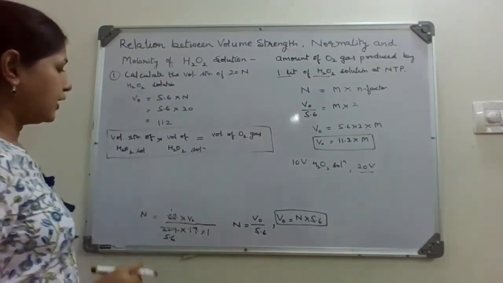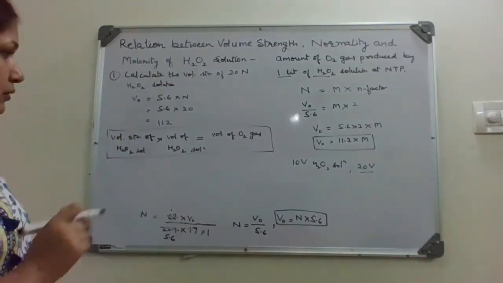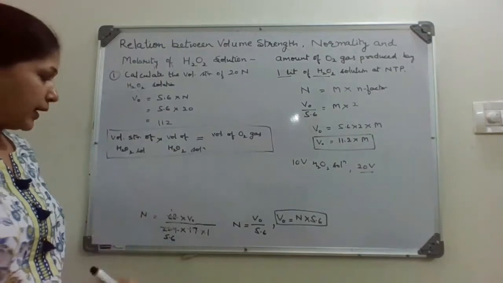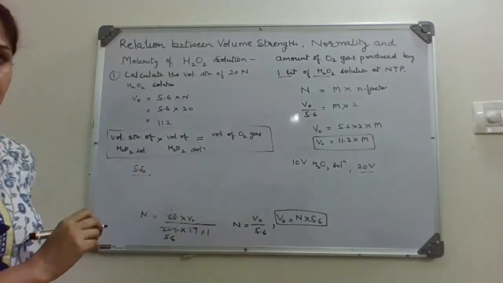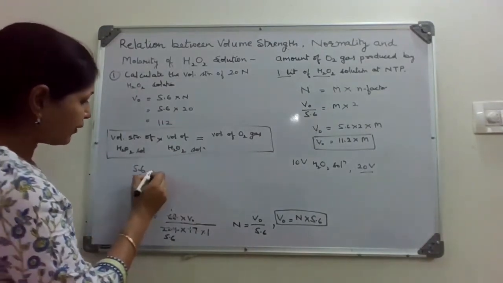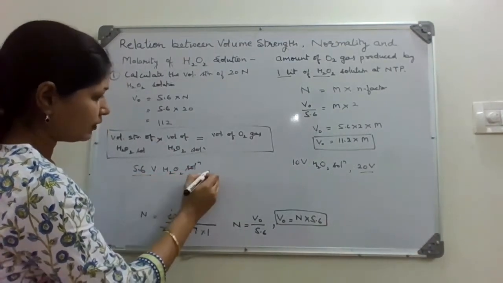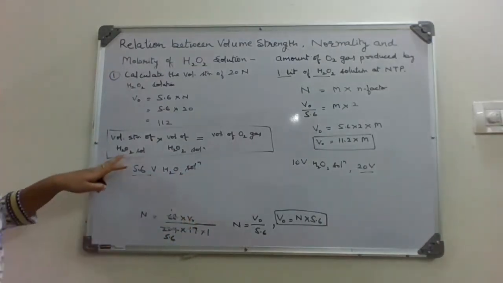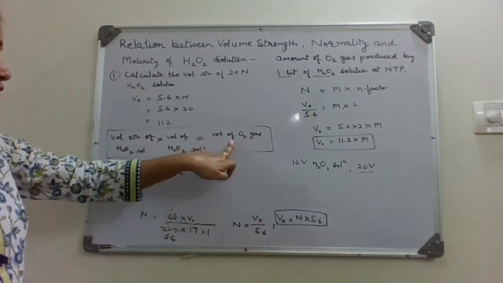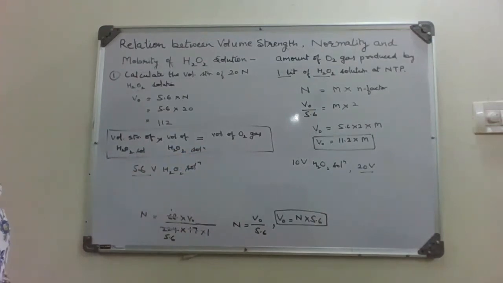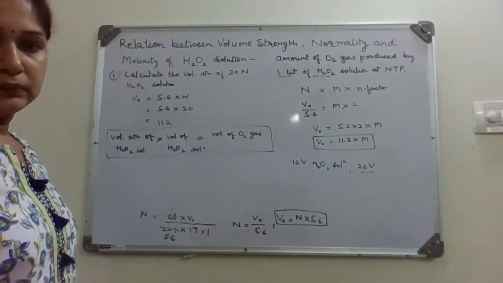For example, if there is a numerical which says how much oxygen gas is produced by 5.6 V H2O2 solution, we can write 5.6 multiplied by 1. We are considering 1 liter. It is equal to 5.6 liter of oxygen. This formula is also used in the numericals.